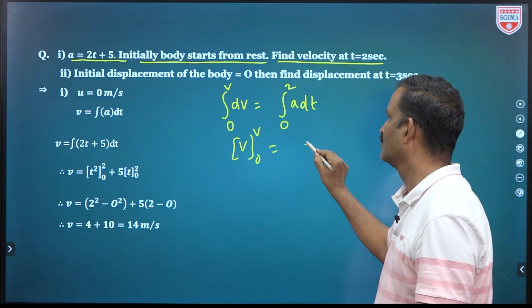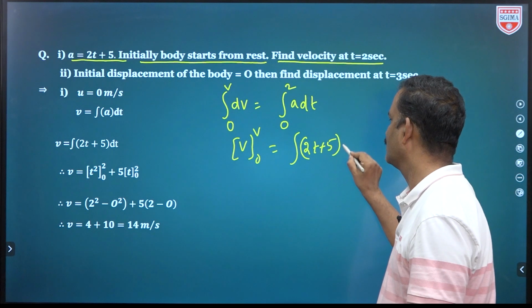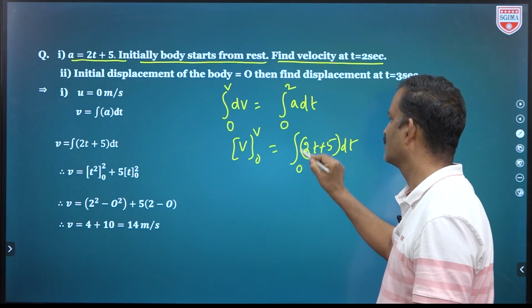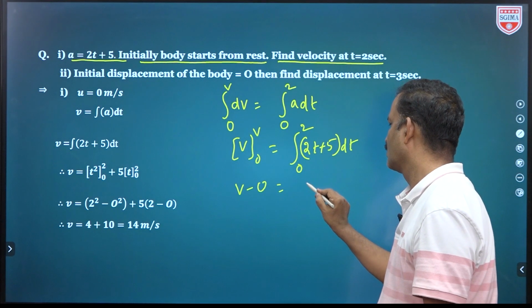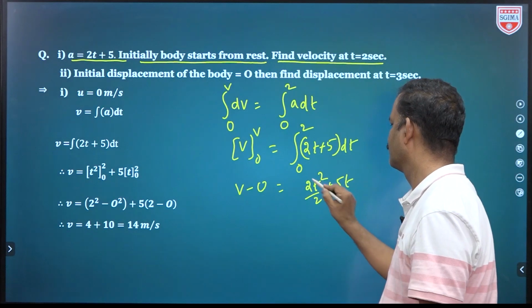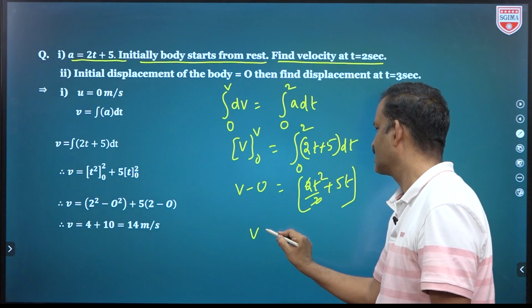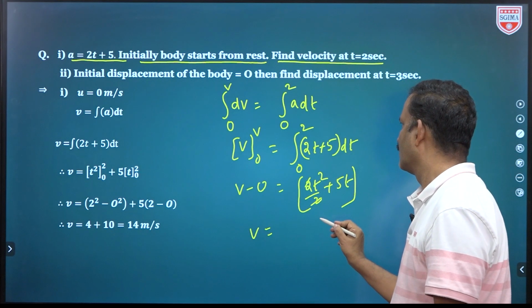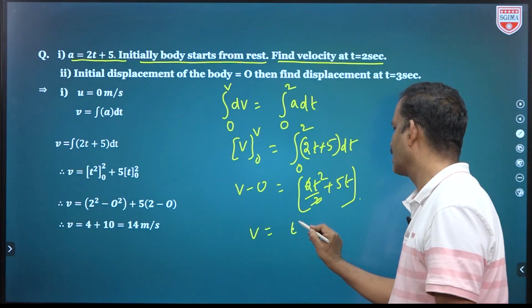The value 2t plus 5, integration dt, limits 0 to 2. So, v minus 0 is equal to 2t square by 2 plus 5t. Velocity you get is t square plus 5t.